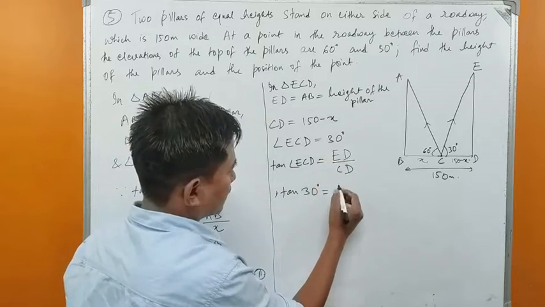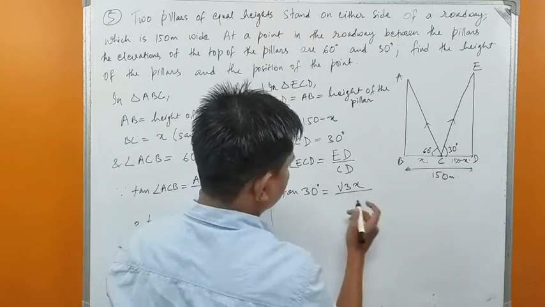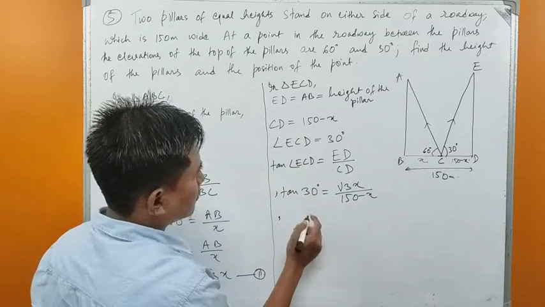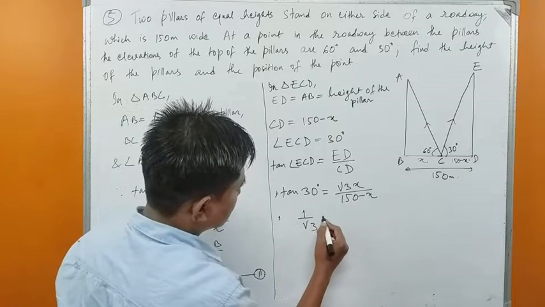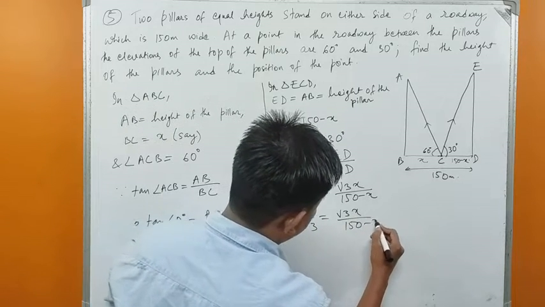Instead of ED, I can write root 3x. CD is 150 minus x. Tan 30 means 1 upon root 3 equals root 3x upon 150 minus x.